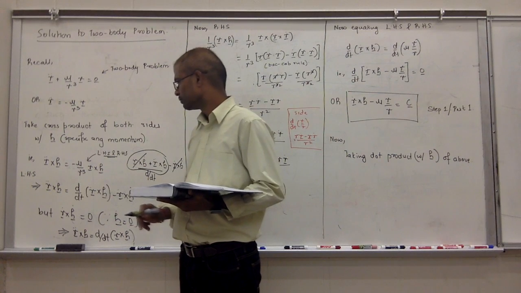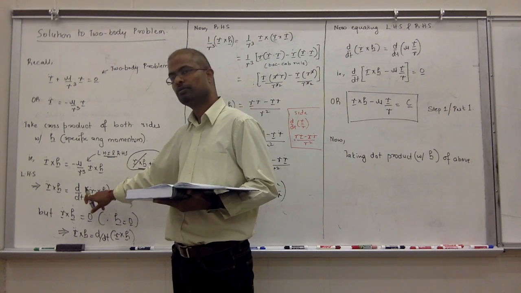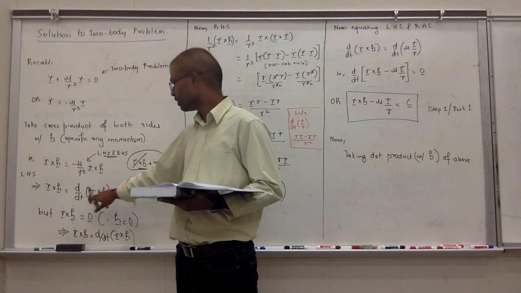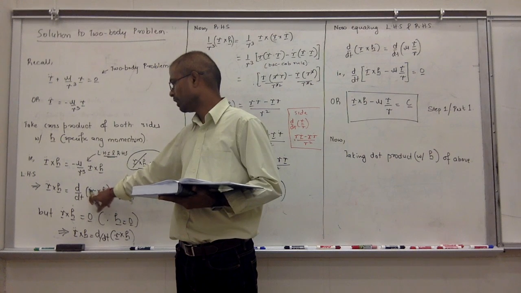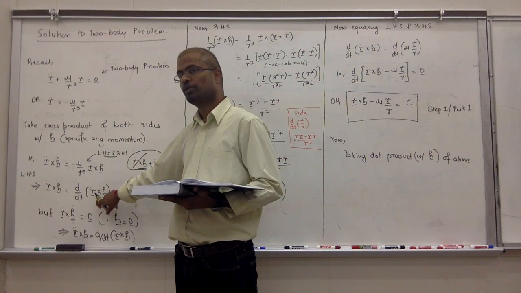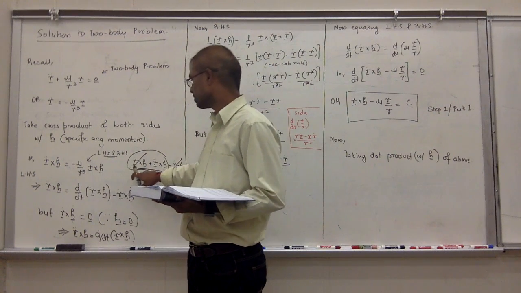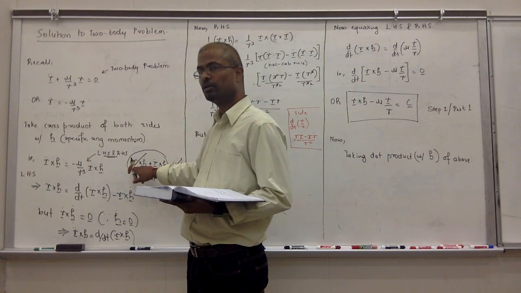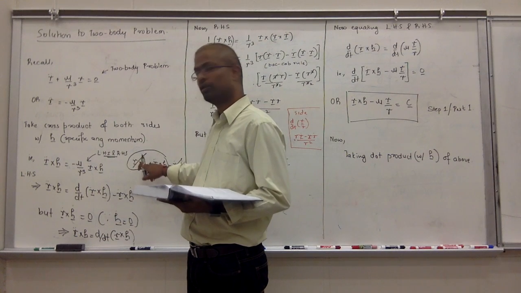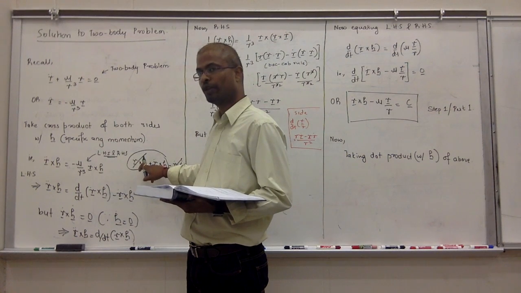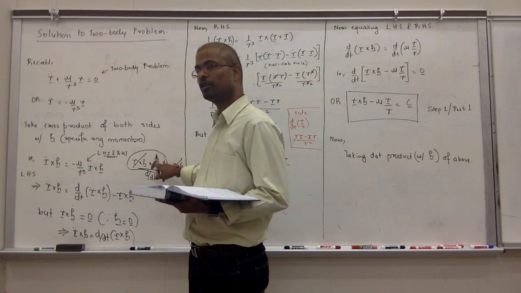Right? It is simply, think about it as A and B. You just apply the product rule, but in the sense of cross products. Product rule is A dot cross with B, plus A cross with B dot.